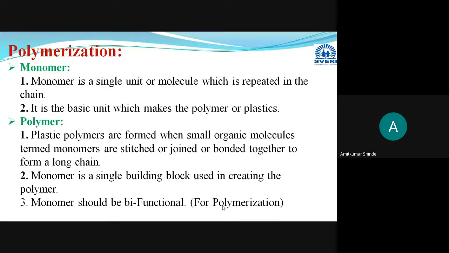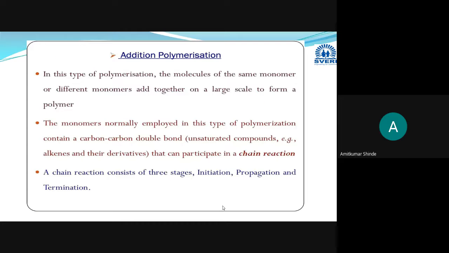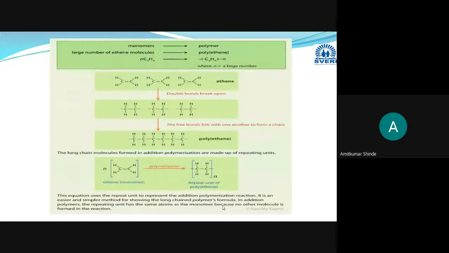Then we will move towards the next point, that is the types of polymerization. Already in the previous session, I have discussed the addition and condensation polymerization. I will repeat that part, but for this session, I have collected a different, or you can say simpler, example.